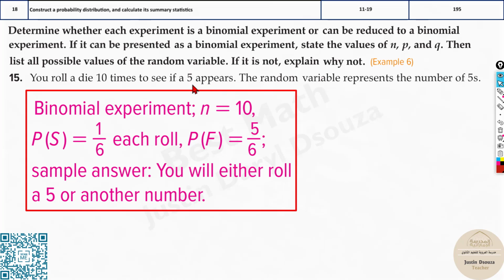It's basically 1 out of 6. Why 1 out of 6? Let me show you. There are 6 sides in the cube. Five is just one possibility out of 6, right? So therefore, this is the probability of success of getting a five. Whereas five out of 6, it will not happen. Either roll a five or another number.